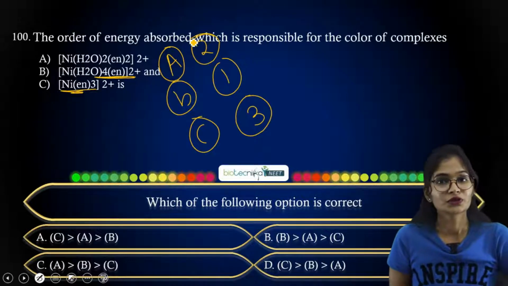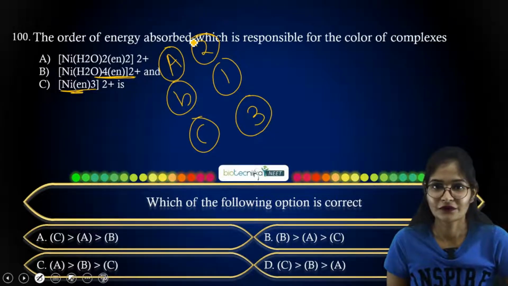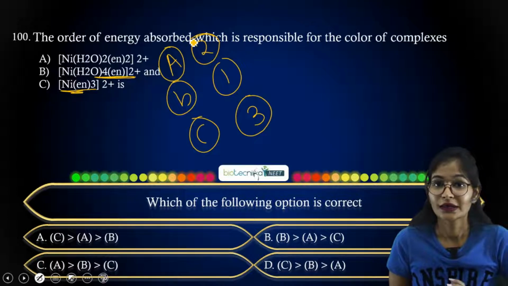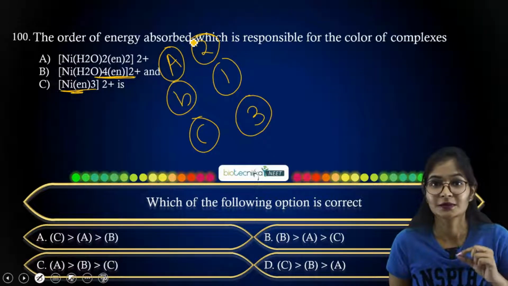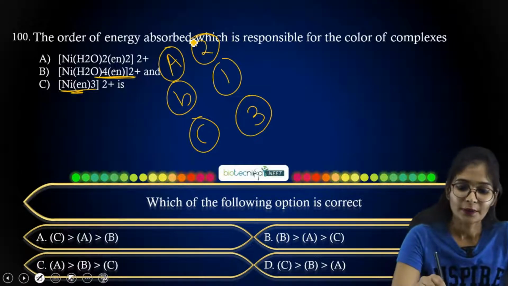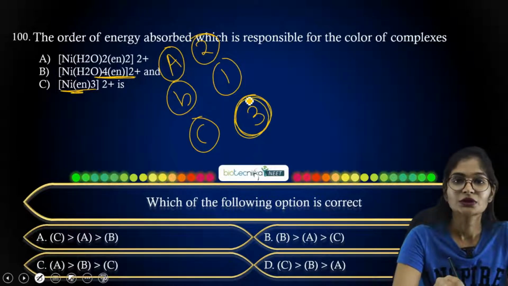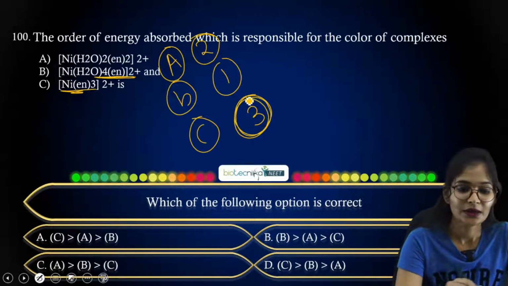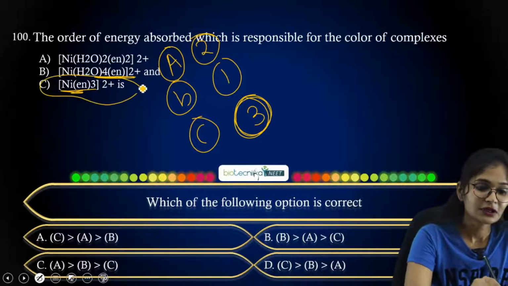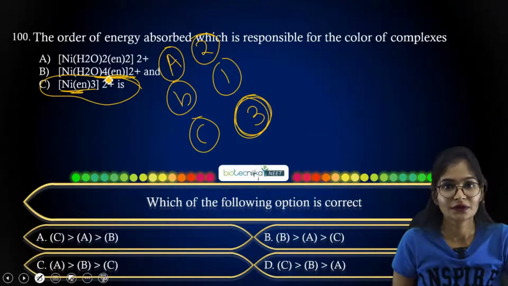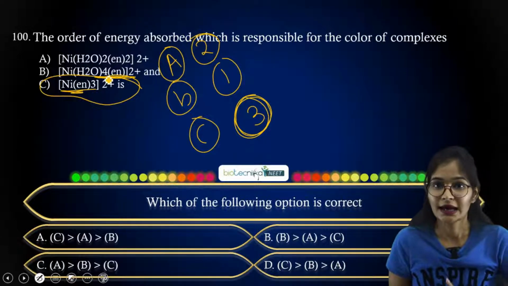We know that water is already a weak field ligand. Weak field ligand in the sense that the splitting energy will be less, right? Now the ethylene diamine you have is a strong ligand. That's why in complex C, whatever they have given, we have three ethylene diamine, right?